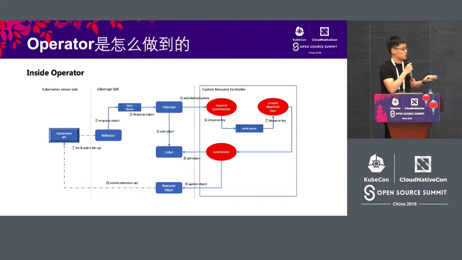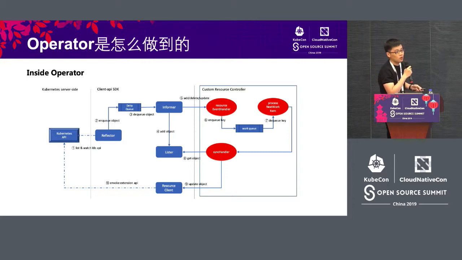So the core is based on the event. We are going to invoke some of the logics. So you can see that there is an informer. The informer will feed back the event to the handle resource and reflector, and then it will filter some events to put them into the work queue, and then the worker will process the event.